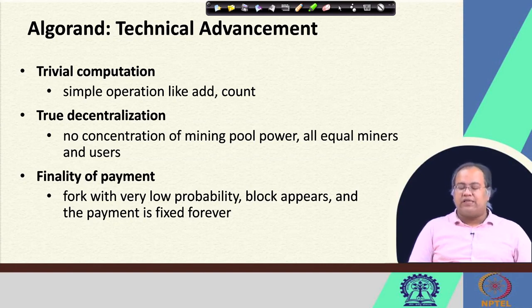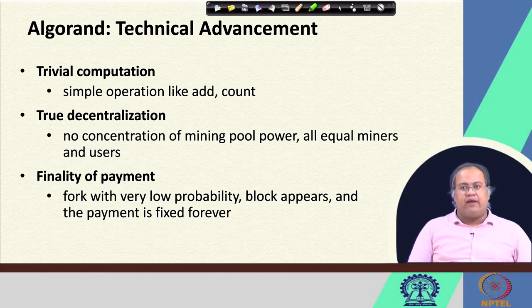You need to hold a certain amount of money to prove that you have participated in the system, you are well equipped with the system, so that you can honestly participate in the consensus mechanism. Then one of the important aspects of Algorand is that it ensures the finality of payment. Unlike the Bitcoin fork, the probability of fork in Algorand is very less.